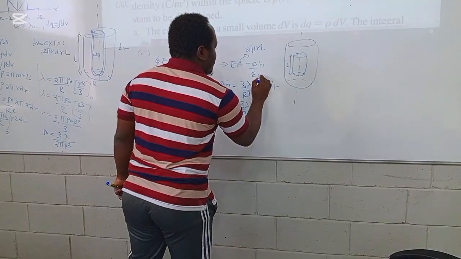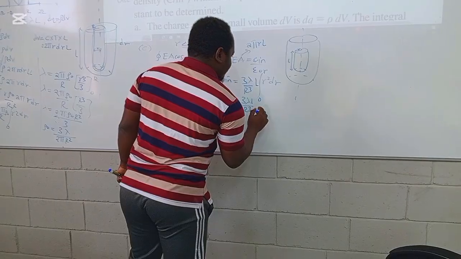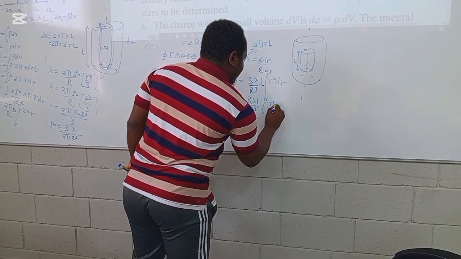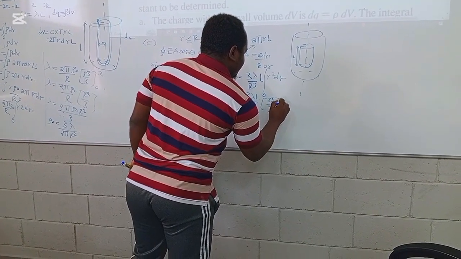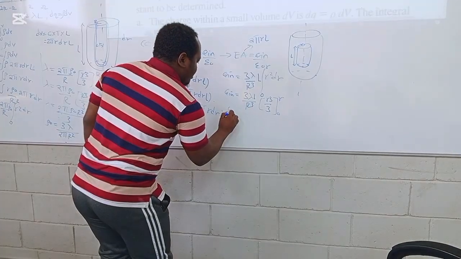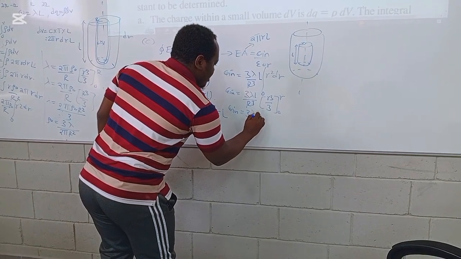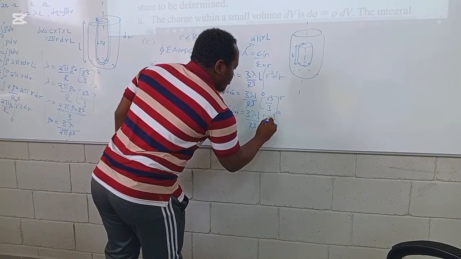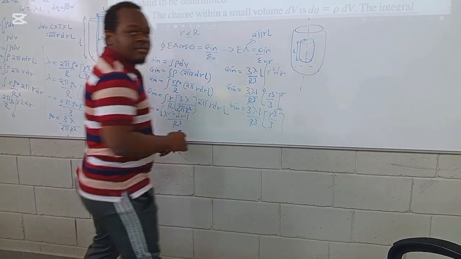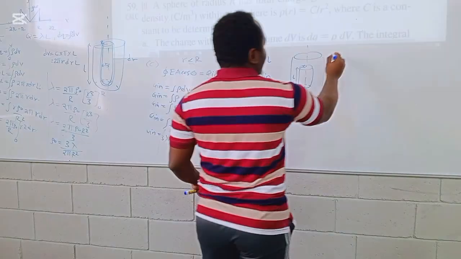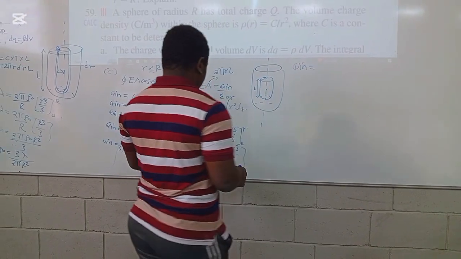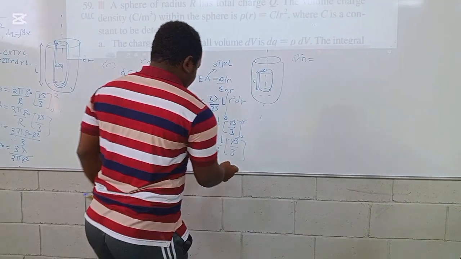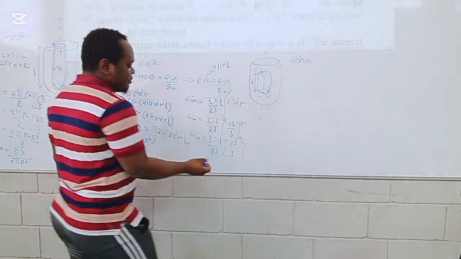We are integrating from 0 to r because this is our surface now. The result will be r cube divided by 3, from 0 to r. So Q in is equal to 3 lambda l divided by R cube, times r cube divided by 3, since the lower limit 0 gives nothing. Then 3 and 3 will cancel.